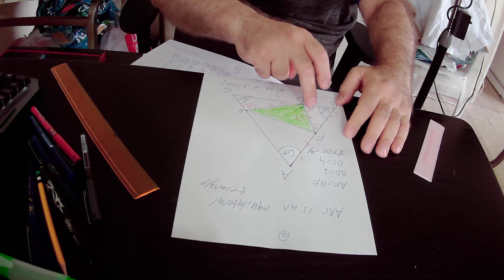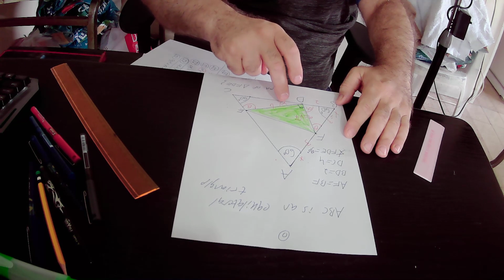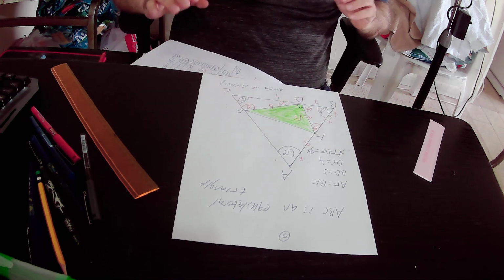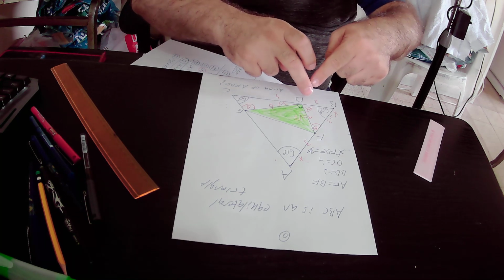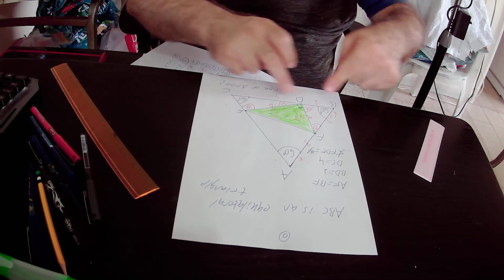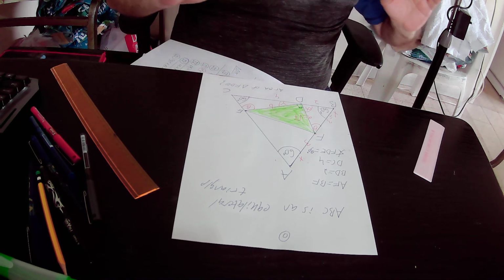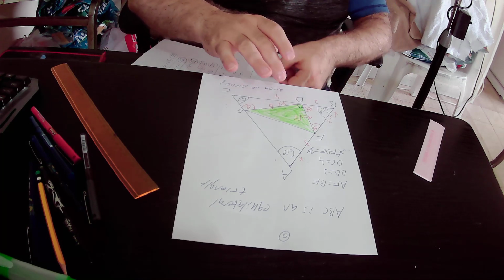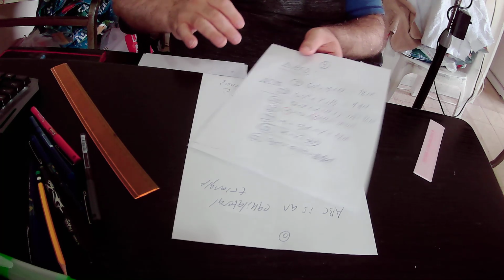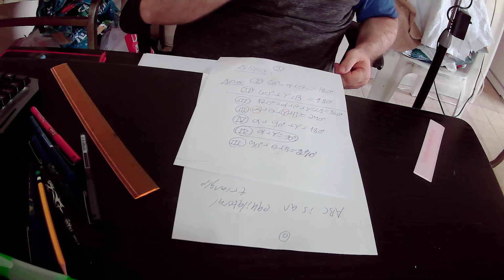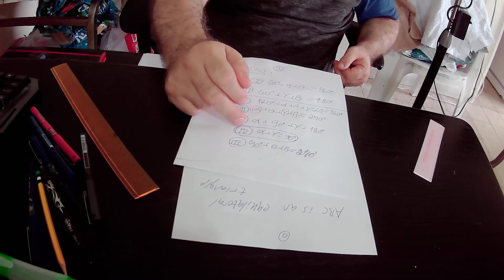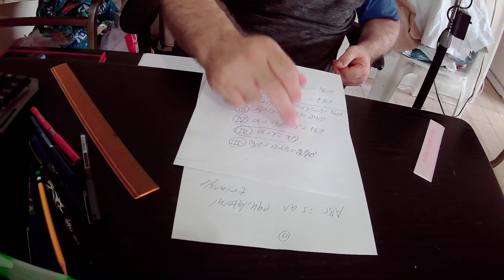That is to say, alpha plus 90 degrees plus gamma equals 180 degrees. This is our fourth equation. From it, we got that alpha plus gamma equals 90 degrees.